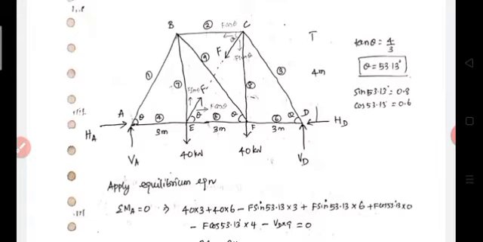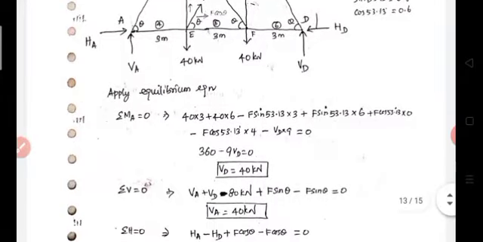F cos theta at joint C creates an anti-clockwise moment, so minus F cos 53.13 into the perpendicular distance. It is a horizontal force, so the perpendicular distance will be 4 meter. Then the VD reaction creates anti-clockwise moment, VD into 9 equal to 0. From that, VD is equal to 40 kN.